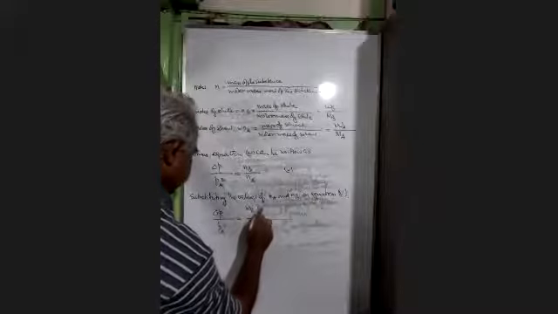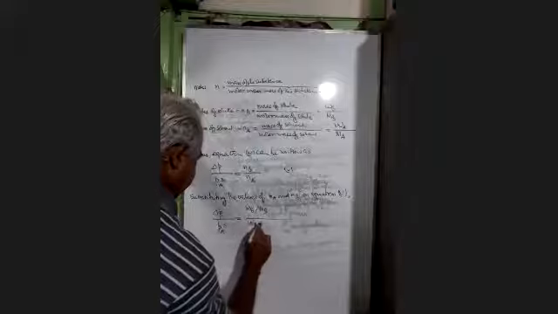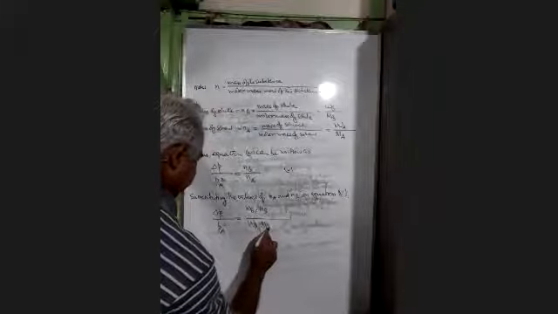I'll write now here. Delta P by PA0. See, write WB by MB, WA by MA. So this is the denominator, it will come down.